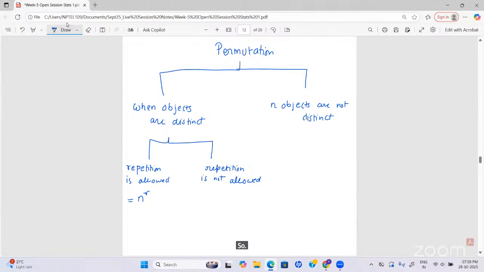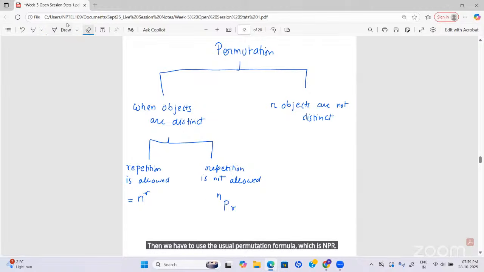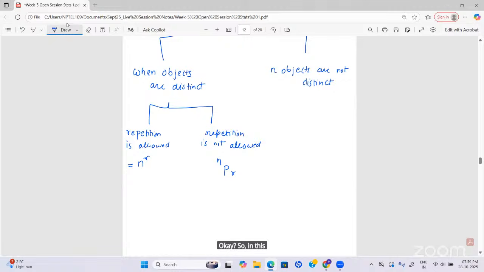So the formula is n to the power r. Suppose you have n distinct objects but repetition is not allowed. Then we use the usual permutation formula, which is nPr. In this formula, all the items are distinct and no item is getting repeated.